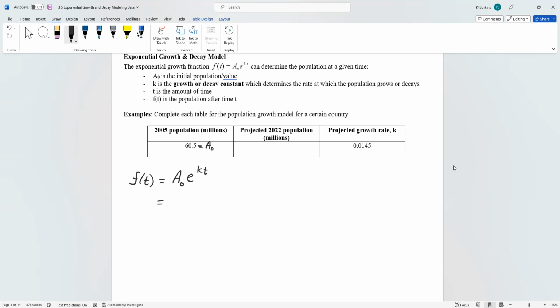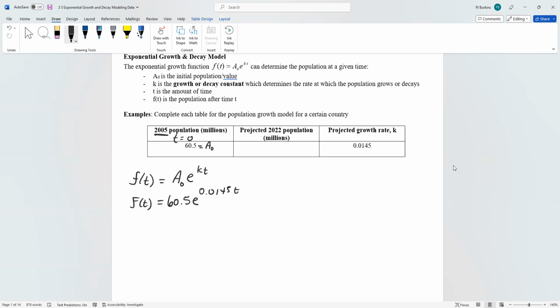So we plug in, A0 is 60.5, and then we have e and k is 0.0145 times t. So this is our function of t. This is set up now so that we can plug in any value t and find what the population would be in that year. Notice that because the first year is 2005, that is the year where t equals 0.